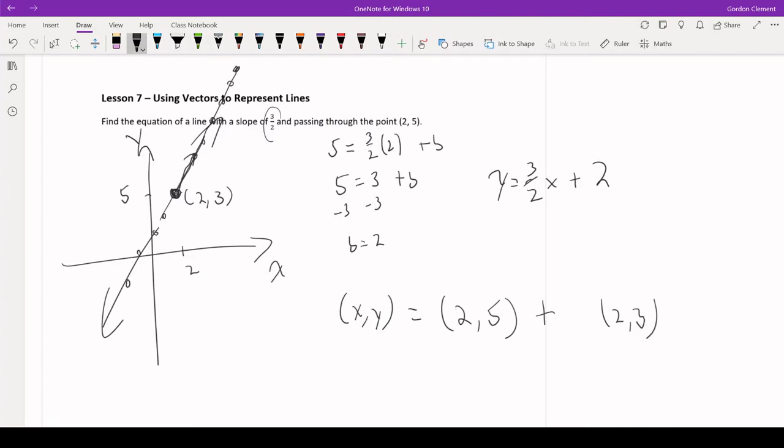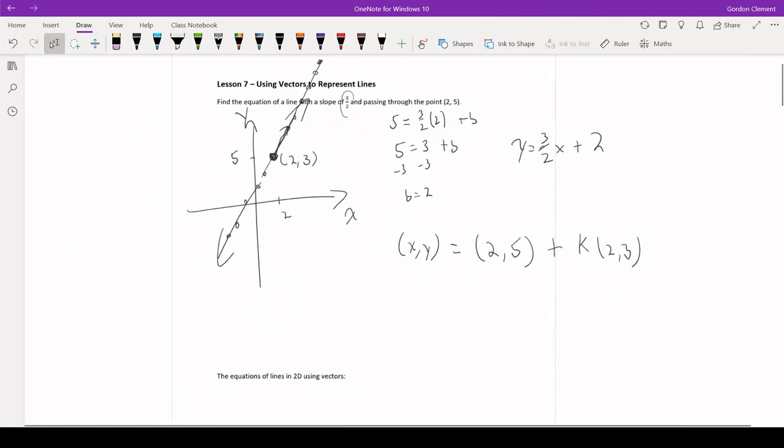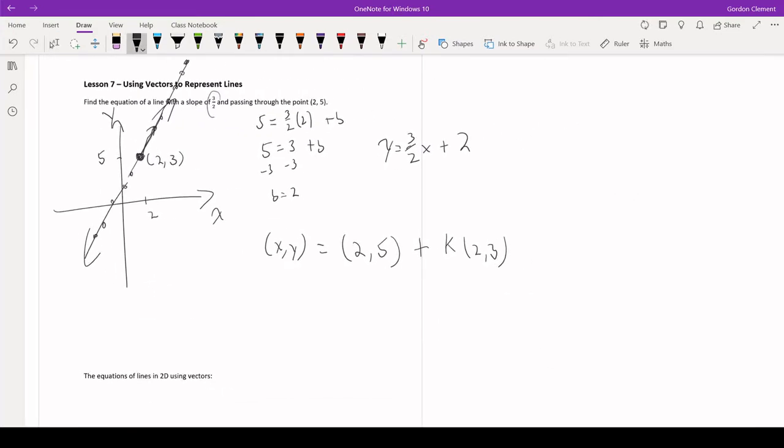And if I stretch it by a negative, I'll be able to get all the points going backwards as well. So the way that we normally do that is we say plus k times (2, 3). Start at that point and then add some stretch of (2, 3), and you'll be able to get to any other point on the line. And then we always say k is a real number. By allowing k to be any number, we can get to any point on that line.